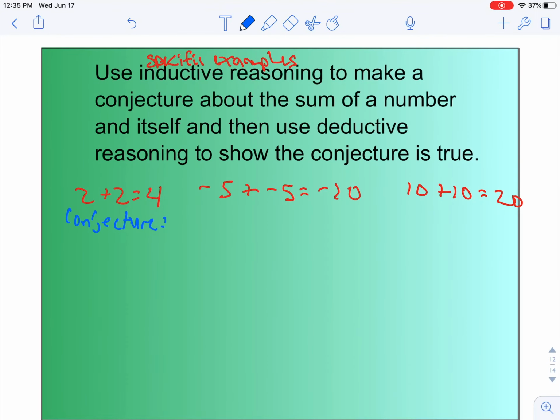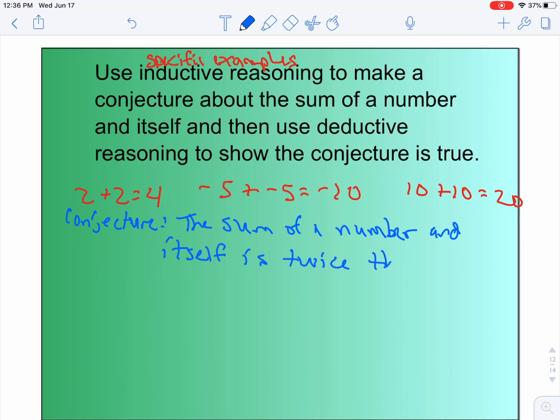Well, my conjecture would be the sum of a number and itself is twice the number.